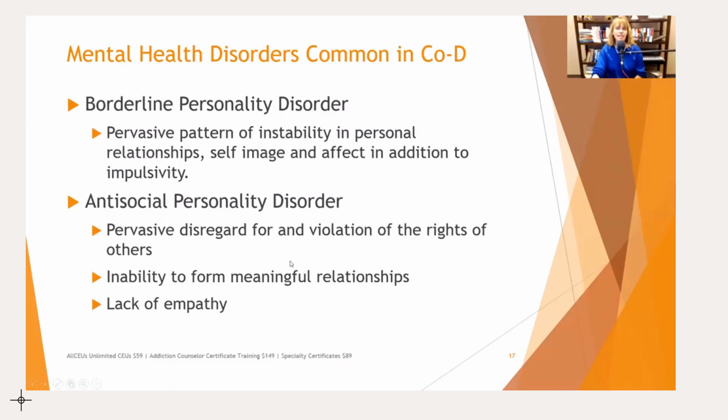Borderline personality disorder is common in co-occurring disorders. A lot of times when I'm working with clients with addictions, I refer to borderline personality characteristics, because once they get clean and sober, a lot of times those characteristics kind of go away. Not always, but do be aware of a pervasive pattern of instability in personal relationships, self-image, and mood, in addition to impulsivity.